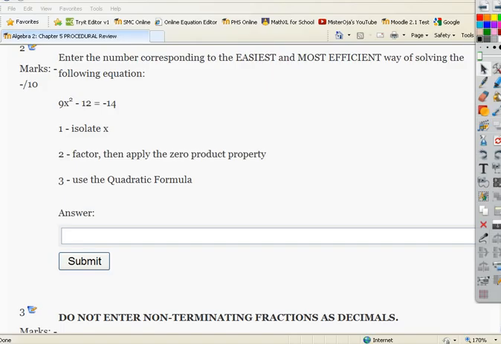Not the only way, but the best way. Isolate x. I'm going to isolate x. How come? It's only one x. If I can point to a single x, then I can always isolate it, and that's the easiest way.